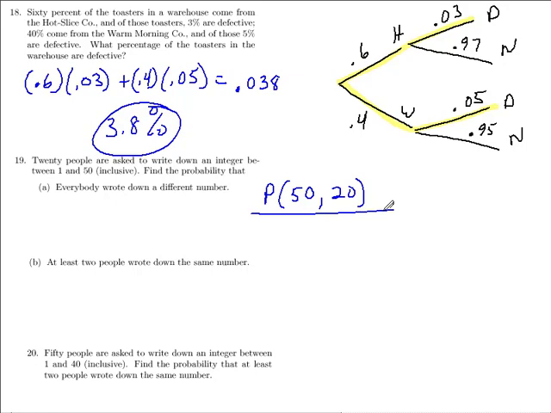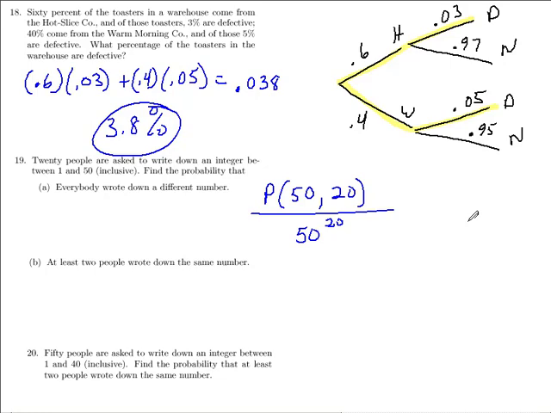Now we need to divide by something. Well, how many ways can anybody pick a number? Well, each person has 50 choices, and there's 20 people, so 50 to the 20th. That's the shortcut. Now, part B. At least 2 people wrote down the same number. This problem is difficult because you say at least 2 people wrote down the same number.